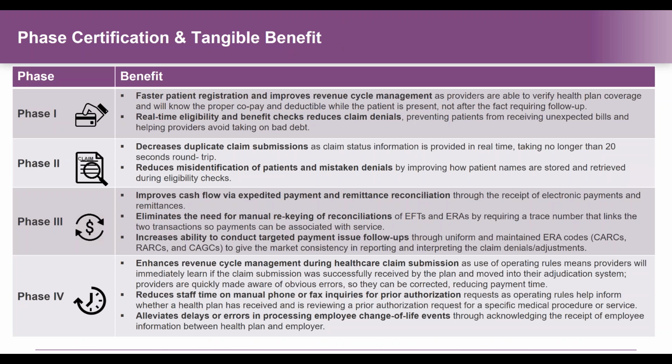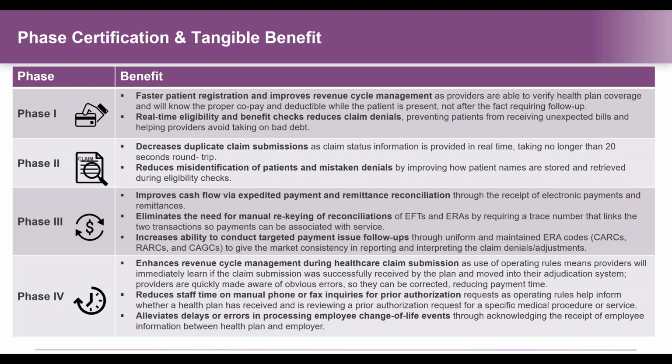Each phase of the operating rules has unique, tangible benefits that aid in improving business processes for healthcare. Certification helps to call out and make those benefits transparent to those organizations in the marketplace that are able to deliver and maximize on each of these benefits. Use of the operating rules accelerates the delivery, accessibility, and availability of critical information, which in return provides business benefits to those leveraging the rules.